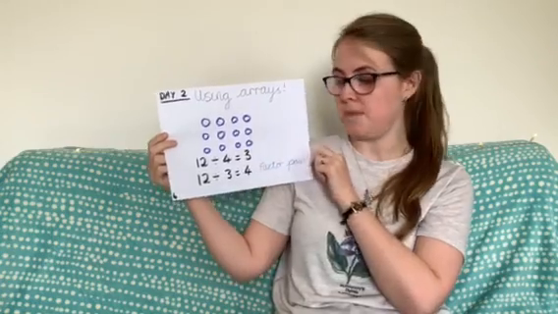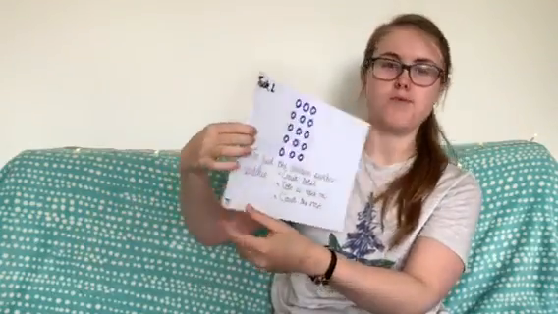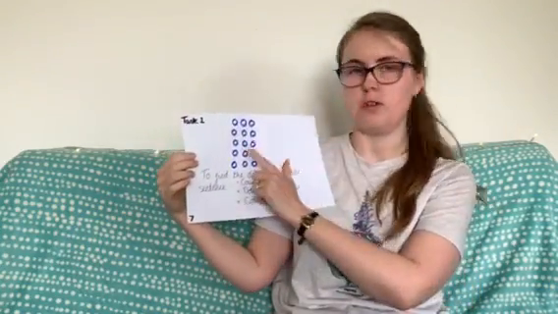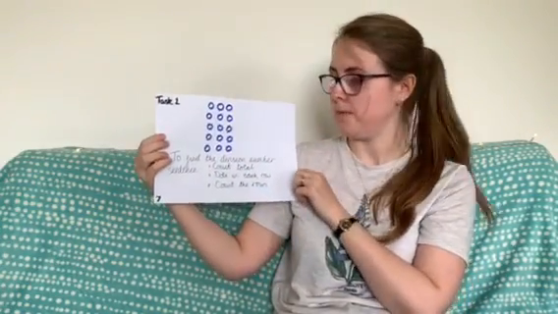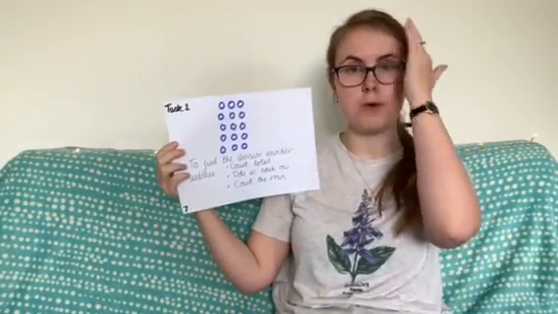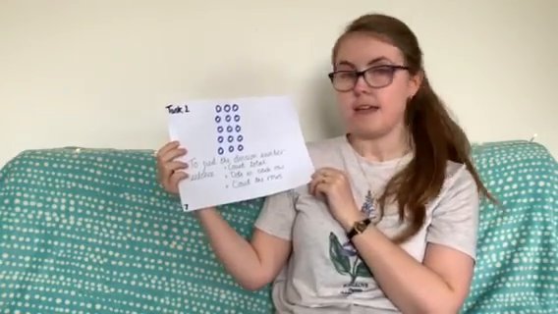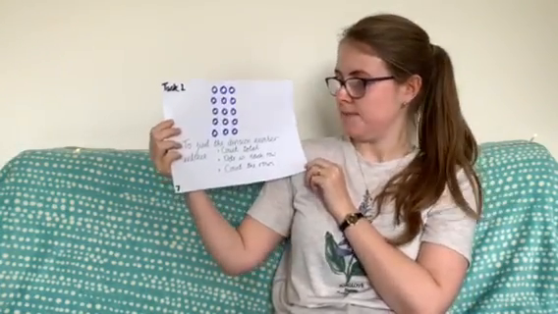There's 2 possibilities. Okay, so your first task on day 2, you have got some arrays on your learning grid. Now I've drawn them here, but you've got a picture of them on your grid as well. And you are going to try and find the 2 possible division number sentences that we could make from these arrays. Now there's 3 steps to do this, okay?